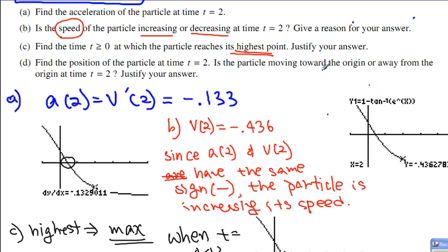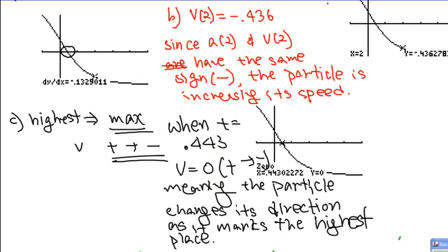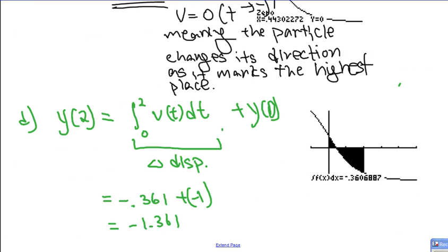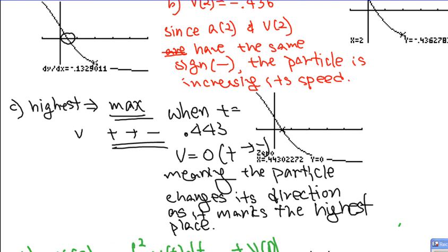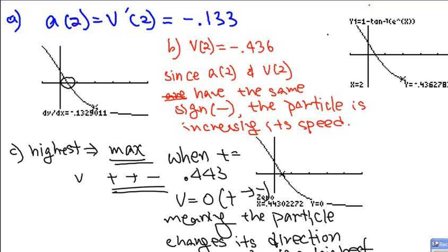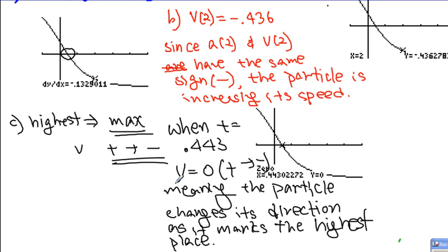Now, is the particle moving towards the origin or away from the origin? Since the location of the particle is below the x-axis, because it was a negative value right here. Now, what's happening to the velocity? As you figured out, velocity when t was equal to 2, right here, was also negative. That means it is further going down.